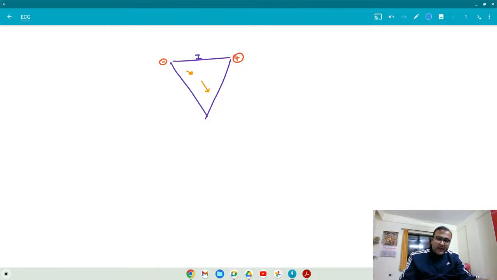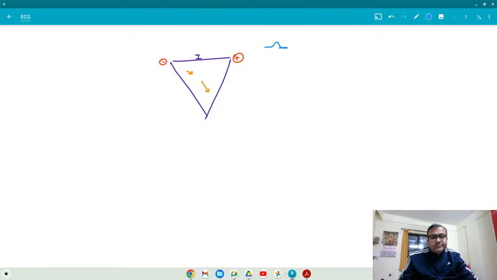Positive or negative, and huge magnitude, tiny magnitude, or moderate magnitude? Tell me. Moderate magnitude and positive. So I can draw it like this.